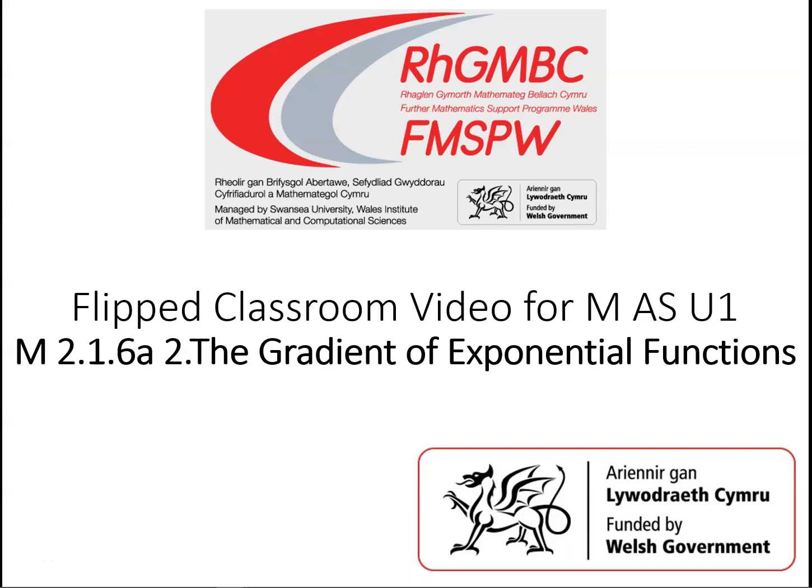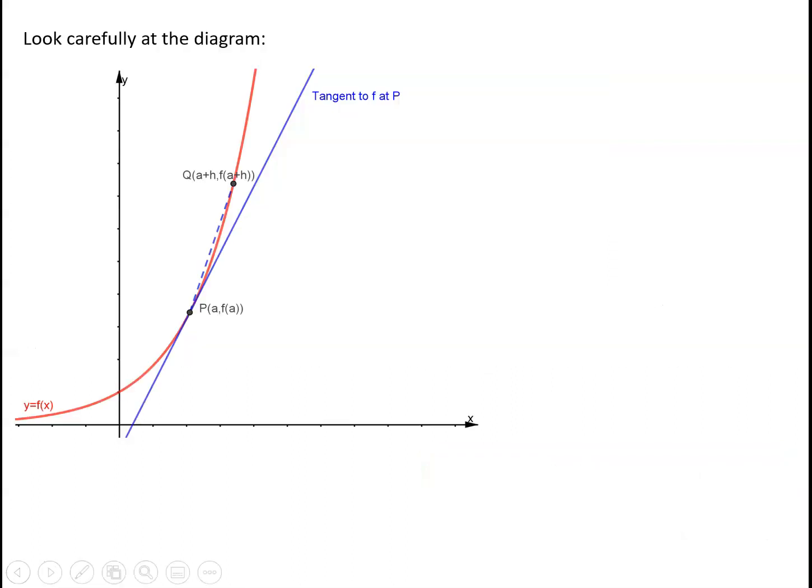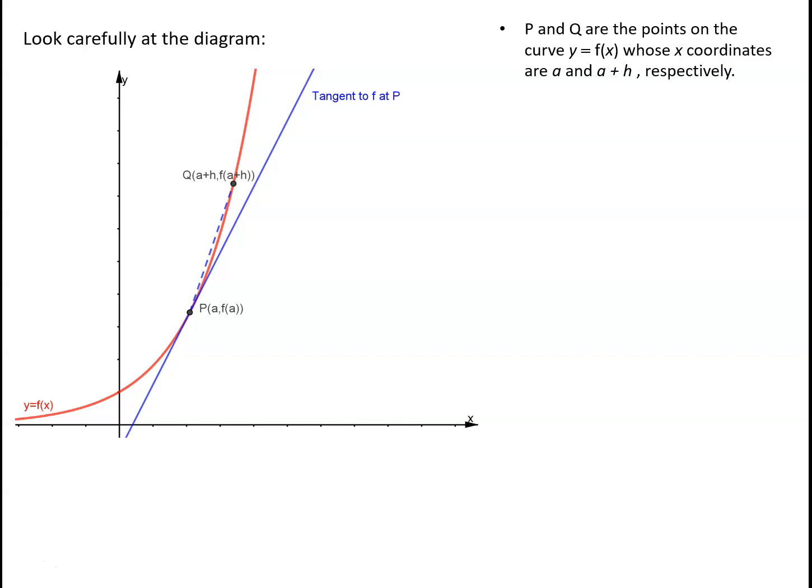In this video we're going to investigate the gradient of exponential functions. Now we need to remember something that you'll have met earlier in the course of Unit 1, and that is if we have a curve y equals f of x and we take 2 points on the curve, where P is the point with an x-coordinate of a.